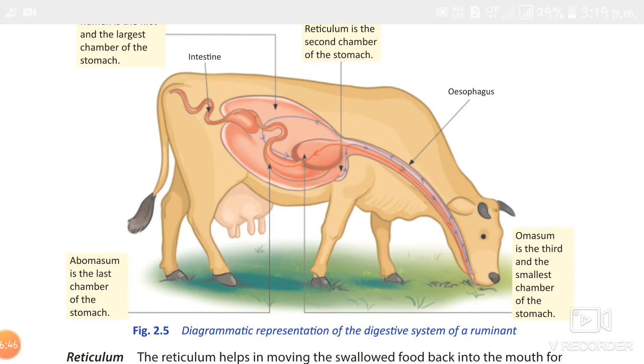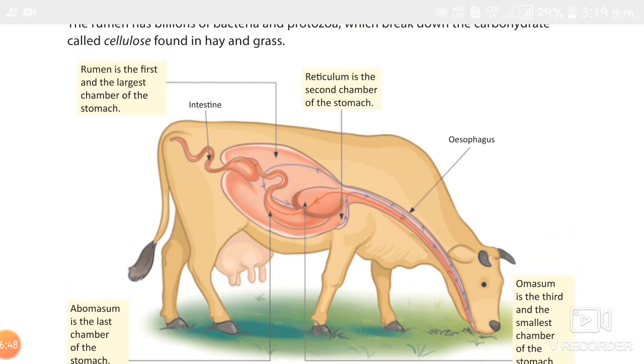The reticulum opens into the omasum. The omasum is the smallest chamber. Which is the largest chamber? The rumen is the largest chamber.